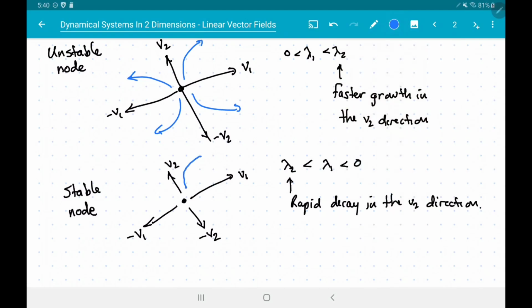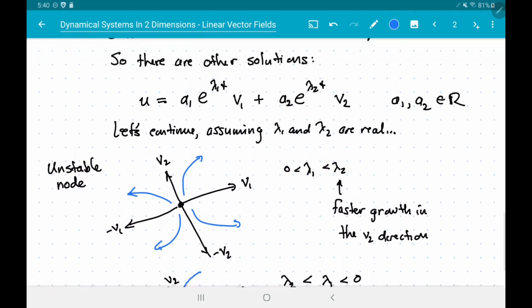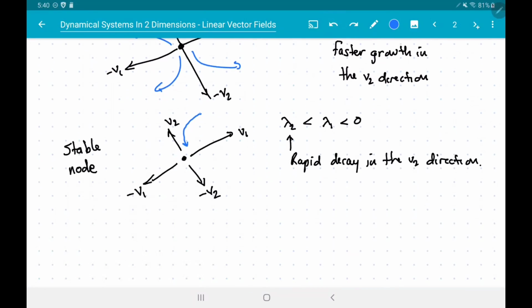So now solutions are going to look like this. Both parts of the solution will be decaying in the case that lambda 1 and lambda 2 are negative, but the lambda 2 part will decay more quickly because lambda 2 is of greater magnitude.